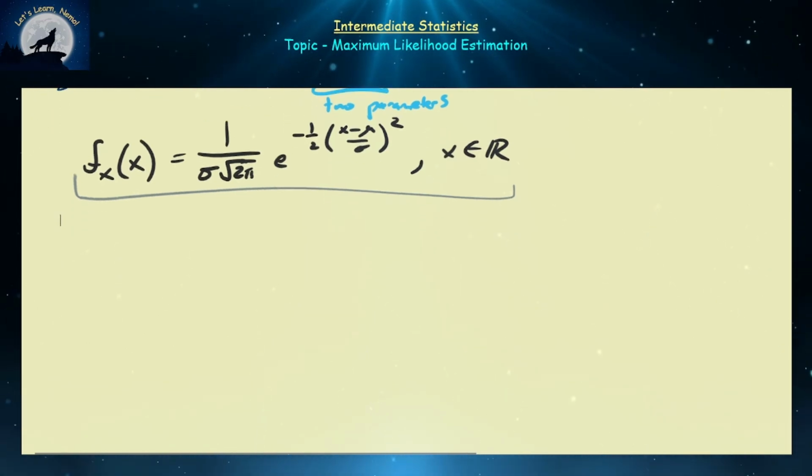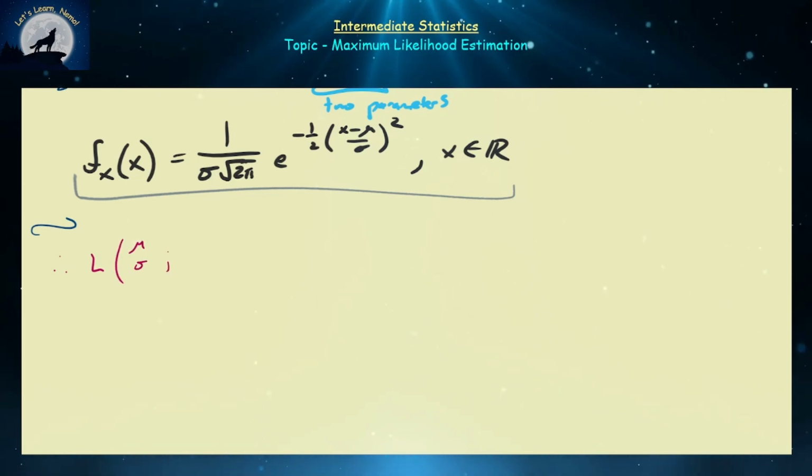First, we need to find the likelihood function. So what is the likelihood function? So the likelihood function for both parameters, mu and sigma, under some sequence xk, is going to be equal to, again, the product of your associated probability densities for each variable x1 through xn.